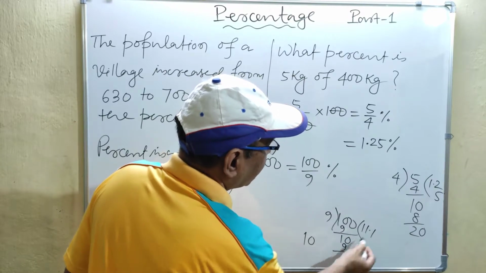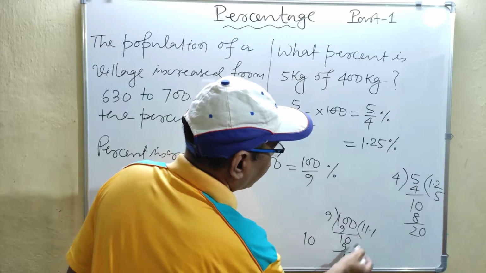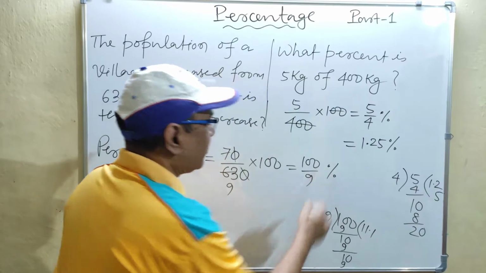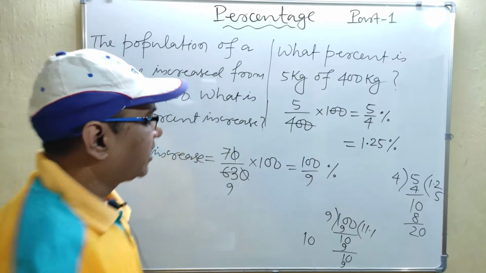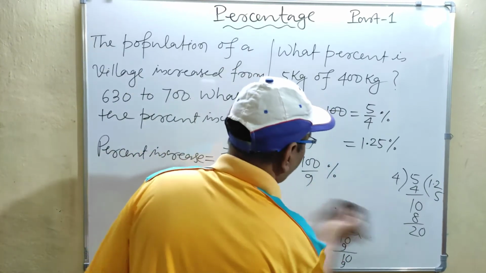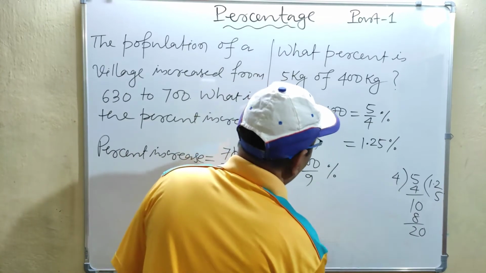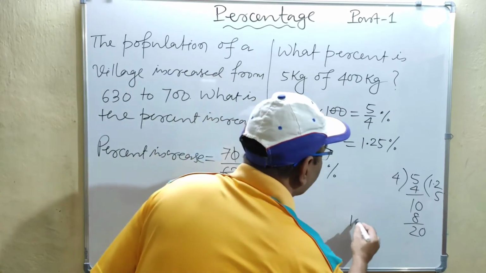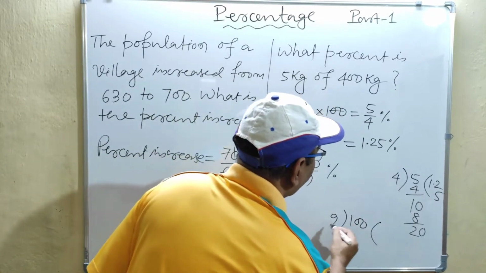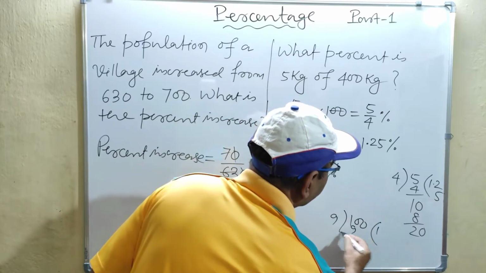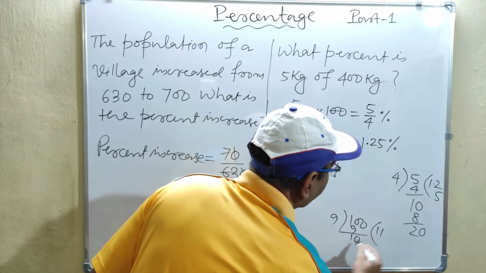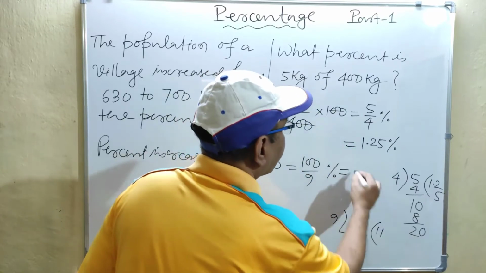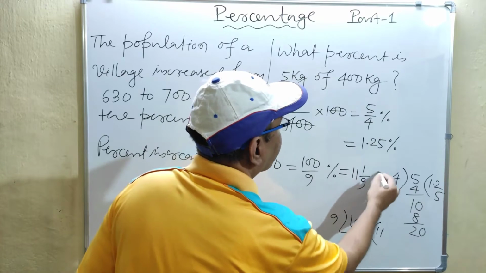Now point 1, then point, then 0, 9 1 9 again. So let it be 100 by 9. No need to find in decimal, or 11.11 you can write. So 100 by 9%, or you can write it in this way. 100 divided by 9. Let it be, and write it 11 1 by 9. This much percent.